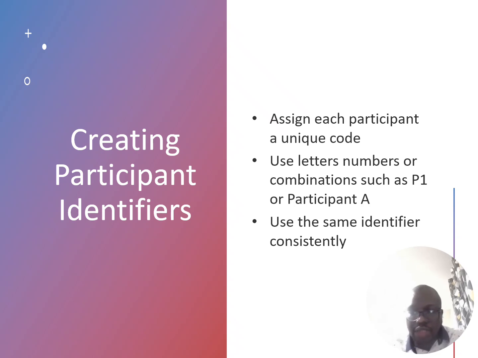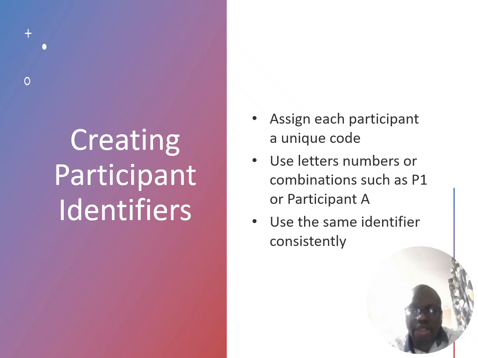At the start, you want to ensure that for each participant, you assign unique codes or identifiers. So if there are 10 participants, you might do P1 to P10, or PA to PJ. You can choose whichever identifiers you want to use, but just ensure that it is consistent. Once you assign that, you keep the identifiers in a spreadsheet or another document, and then you apply them across all your transcripts.